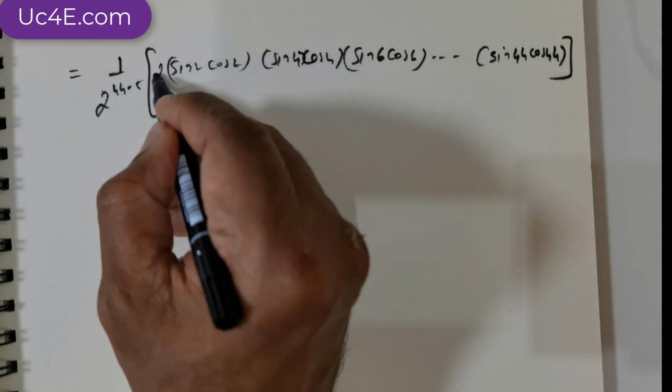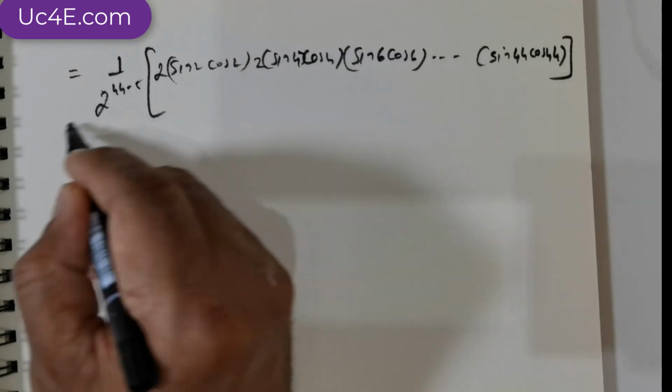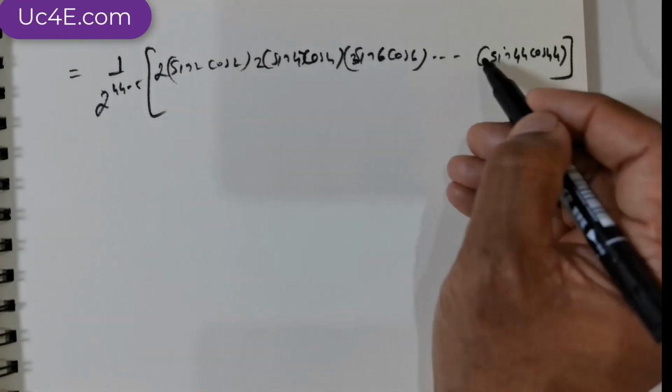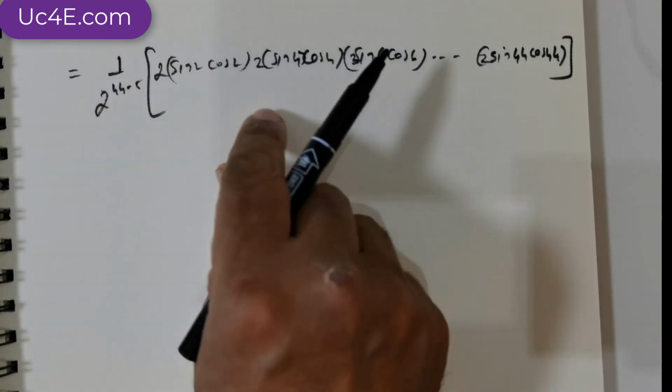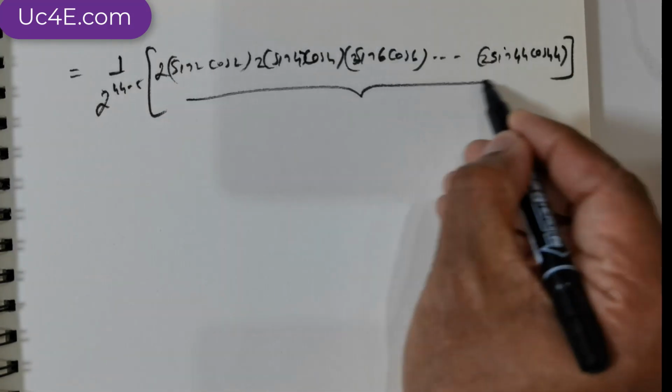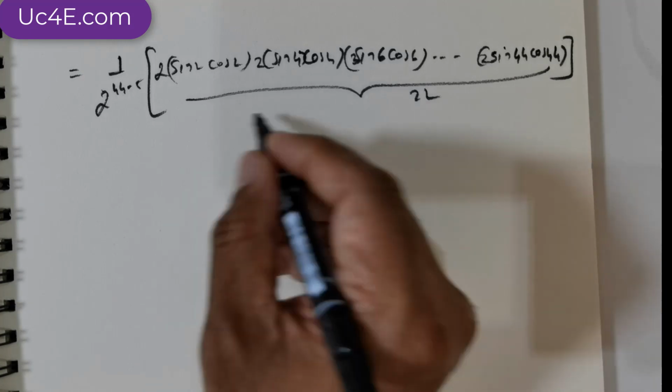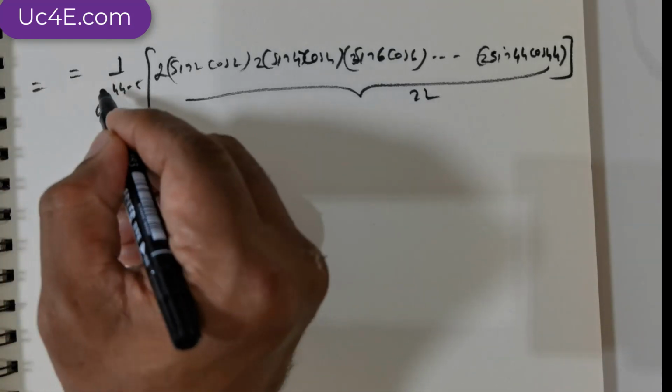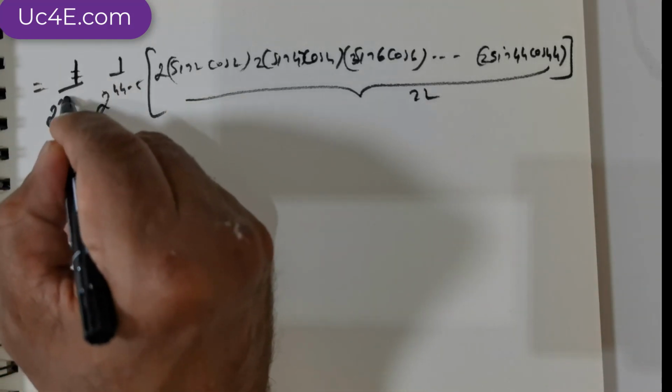Now I would like to multiply by 2 and divide by 2, for each pair. In all there are 22 terms, so this is going to be 1 over 2 raised to the power of 22.